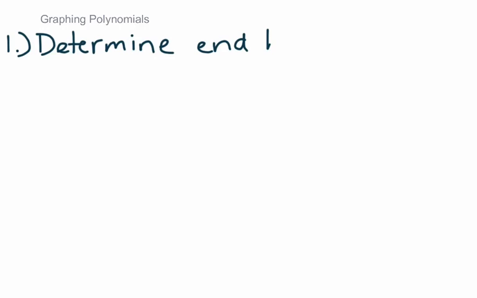The first step when you're graphing polynomials is to determine the end behavior. And we've gone over that. That is a skill that we have studied independent of trying to graph, just figuring out which way is the end point.